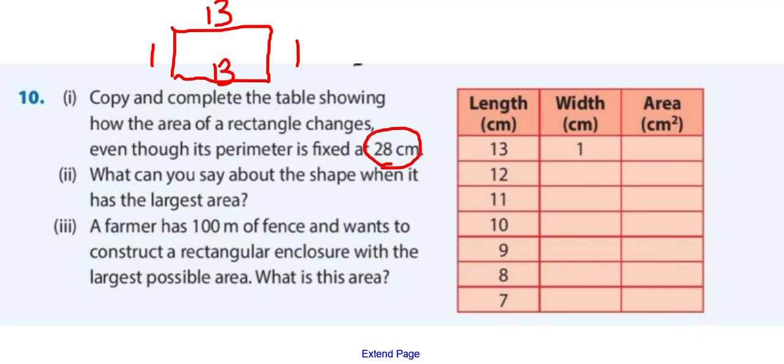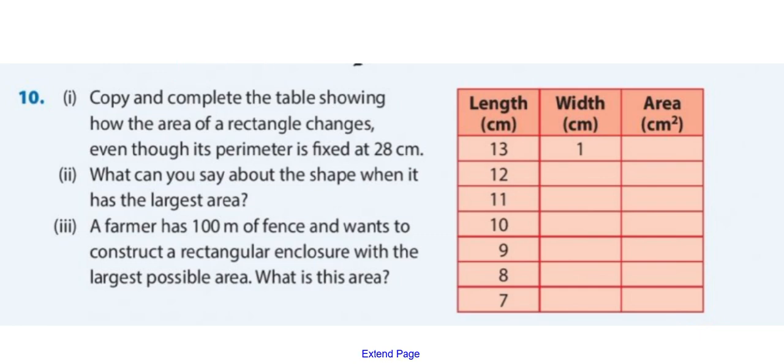Now, what I'm going to do next is show you how to get all the lengths. Okay, ready? This is 12, and that's 12. How do I make this add up to 28? 2 on each side? So 12 and 2. What about the next one after that?